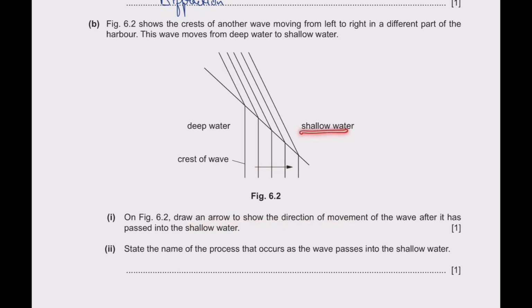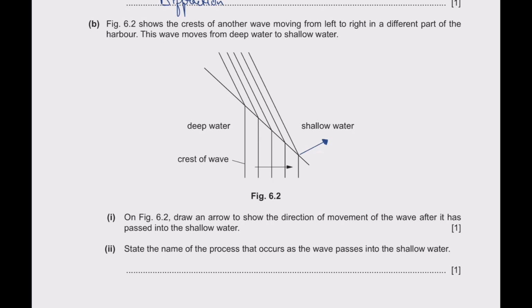When it comes to the shallow water, due to change in the medium, the wave direction will also change. So it will be in the direction perpendicular to the wave crests shown to us. For example, if I draw, this will be the direction of the wave, that is 90 degrees to the crest shown to us.